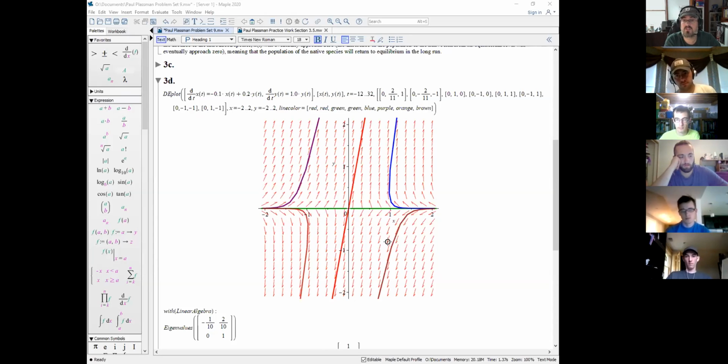So based on what you see here, can you, using your mouse, walk us through how do you know that introducing the other fish species is going to be a good thing for the native population?